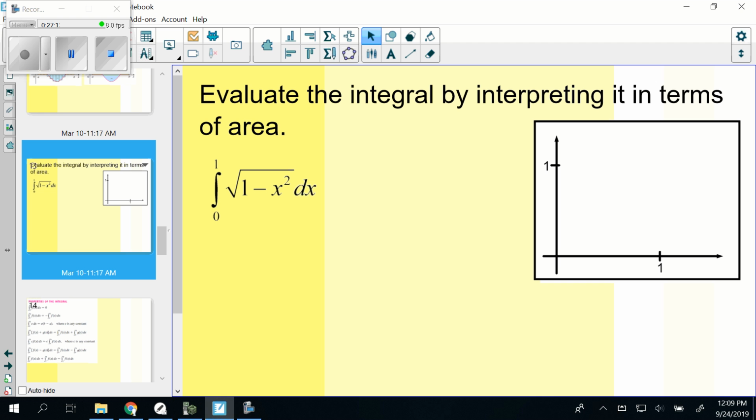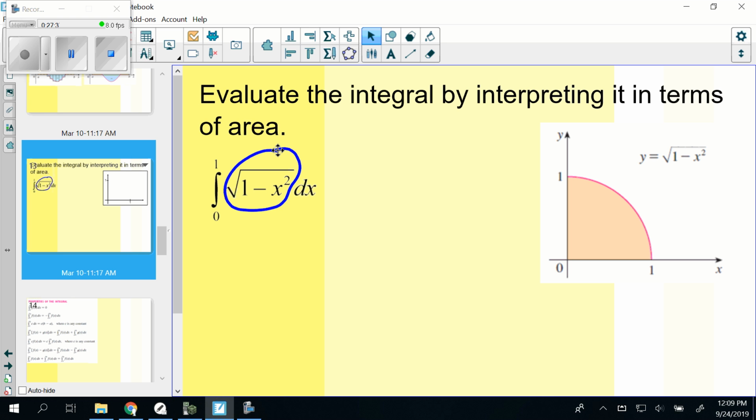You should be able to, on some of these, maybe not find them with an integral, but still be able to calculate it out. For example, this one, evaluate this integral. Even with some of the stuff from maybe last year, this is a hard integral to actually calculate out. But if you were to graph this function right here, it looks like this. It's actually part of a circle.